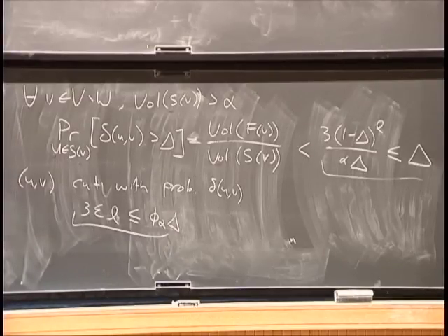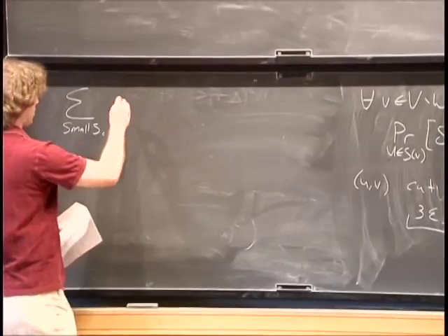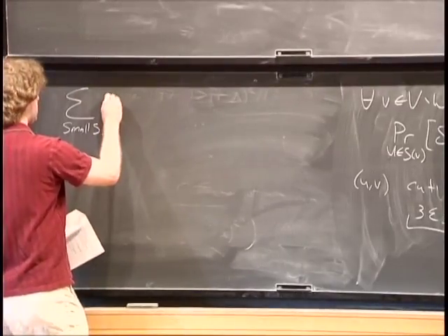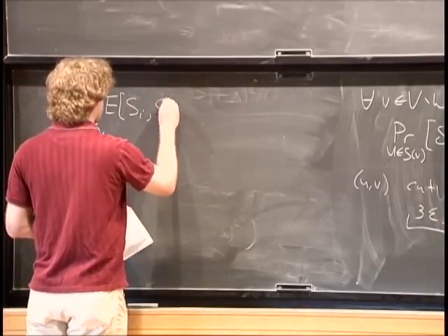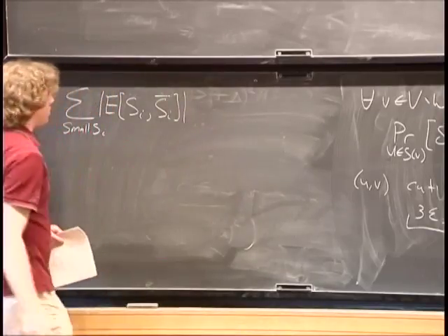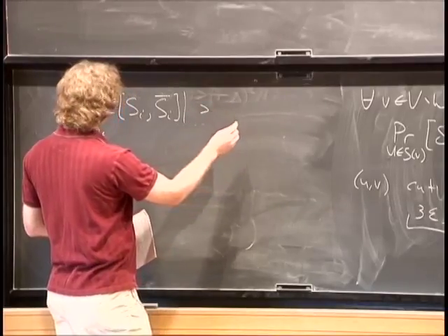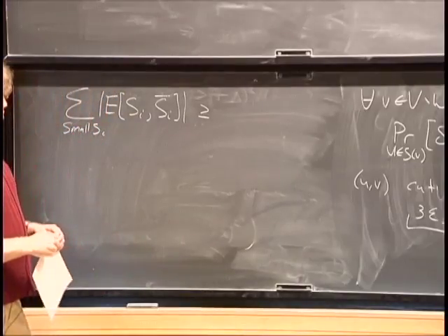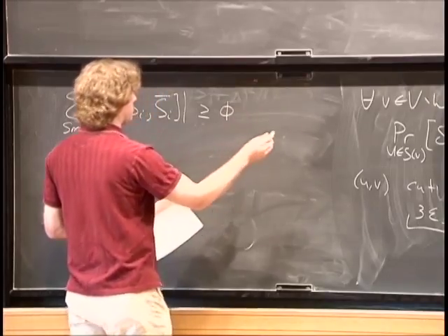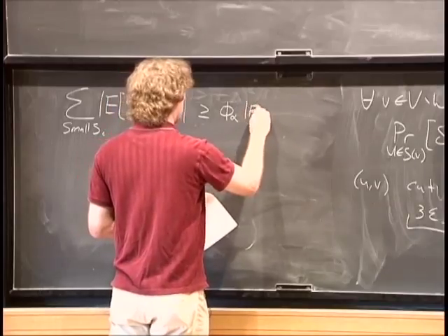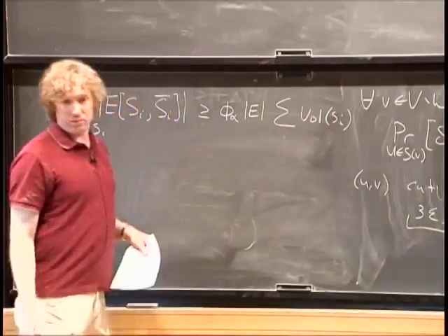So the sum, over all small sets S_i, of the edges leaving S_i, is it, well, it's at least phi alpha number of edges, the sum of their volumes, right?